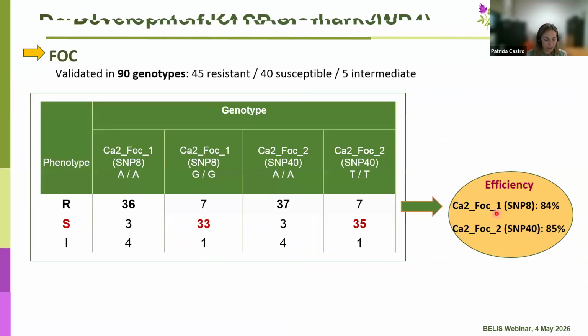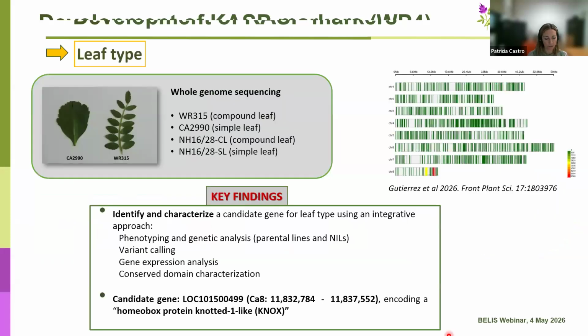When we compare the KASP genotyping result with the phenotypic data, we observe that most of the individuals classified as resistant carry the resistant allele, and most individuals classified as susceptible carry the susceptible allele. Therefore, the efficiency of this marker is also quite high, which confirms its usefulness for selecting Fusarium-resistant material.